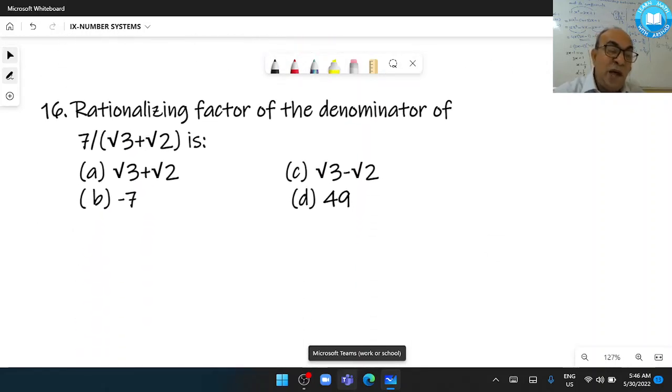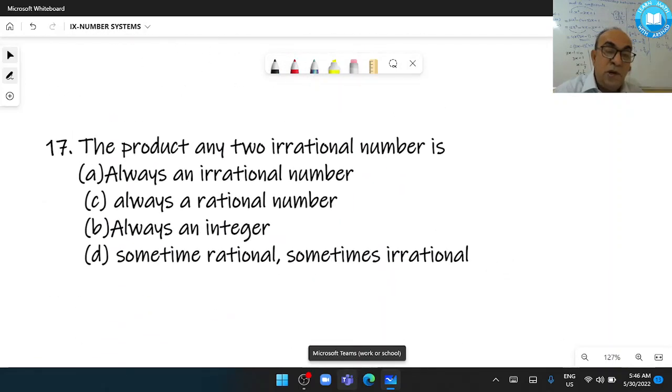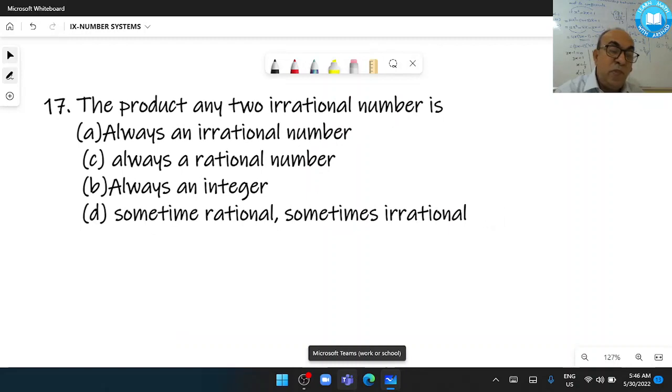Here, rationalizing factor of denominator. The denominator is this. I already discussed one such question. Here you just have to write square root 3 minus 2. Now the next question. The product of two irrational numbers.